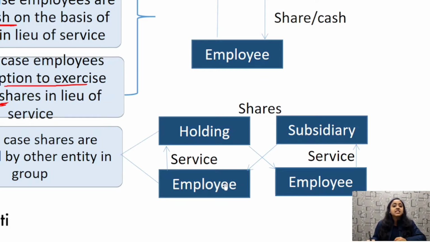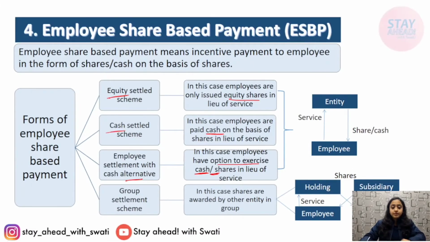In such a case, this is known as group settlement. So it can be given in four ways: either equity, cash, an option to opt for either equity or cash, and fourth, group settlement.